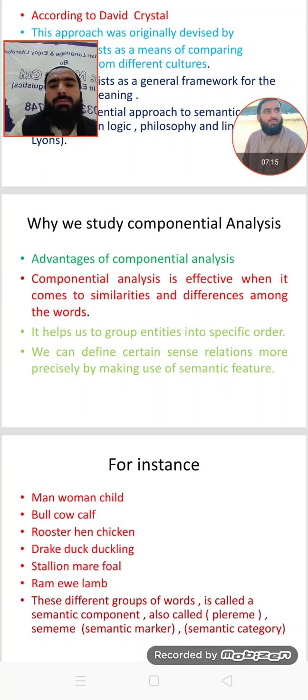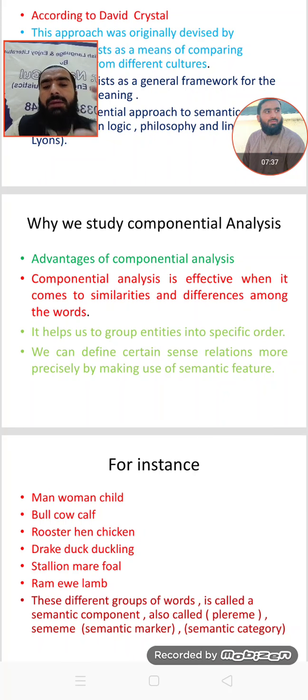For example, sometimes words have similar meanings, and sometimes they have different, opposite meanings. So these are different senses. The similar senses are synonymous relations, and the opposite ones are antonymous relations.